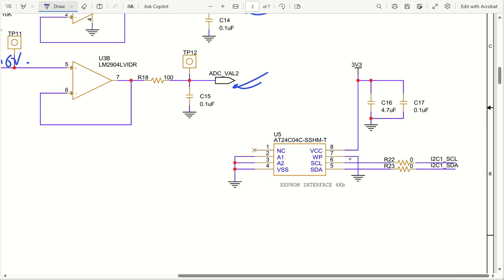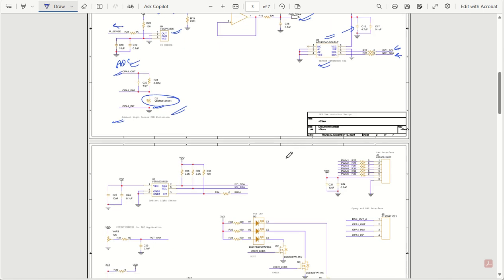Then one more EEPROM I have put with I2C. You can see the I2C signal is coming here, and they have been already pulled up on the microcontroller side. So there is no pull up resistor put here, and it is also supplied with a power supply capacitance and filter capacitor, and this is how nicely this particular EEPROM has been connected.